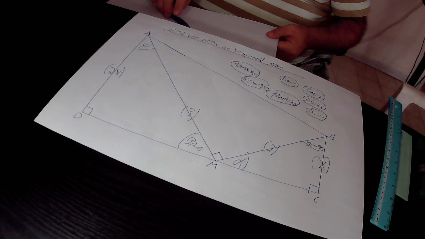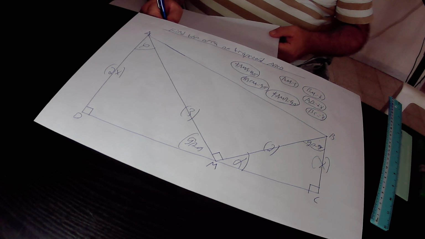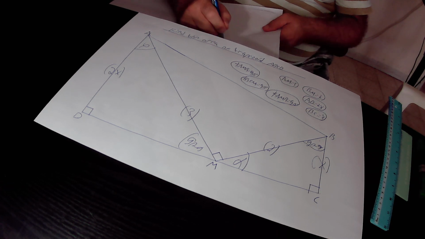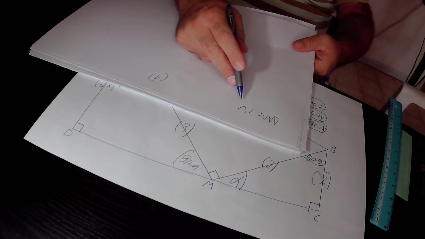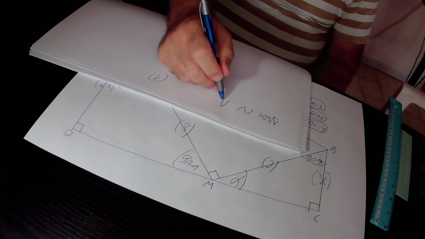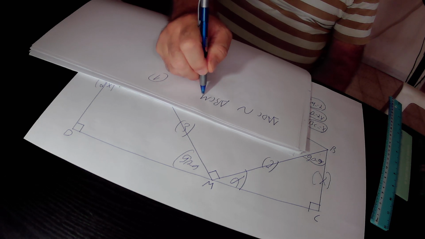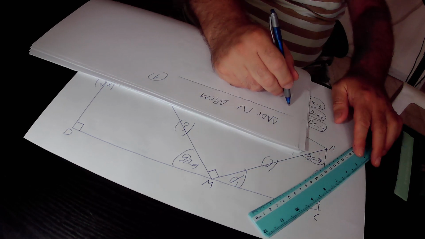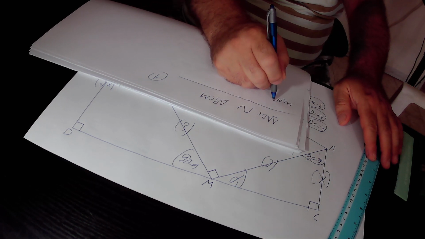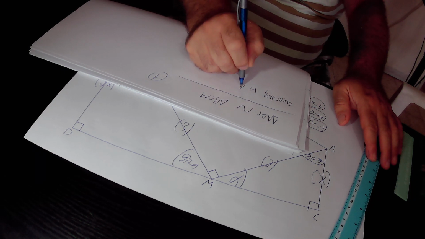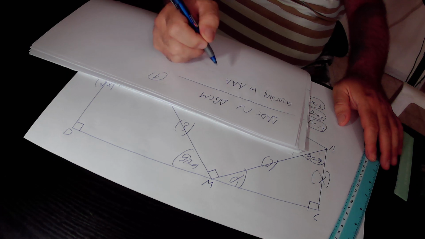We should find that the big right triangle ADM is similar, this is the sign of similar, to the small right triangle BCM, according to the angle similarity rule.